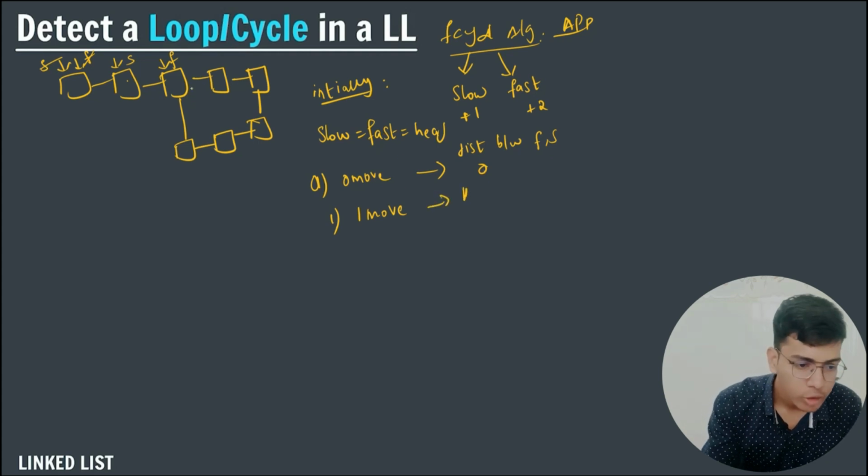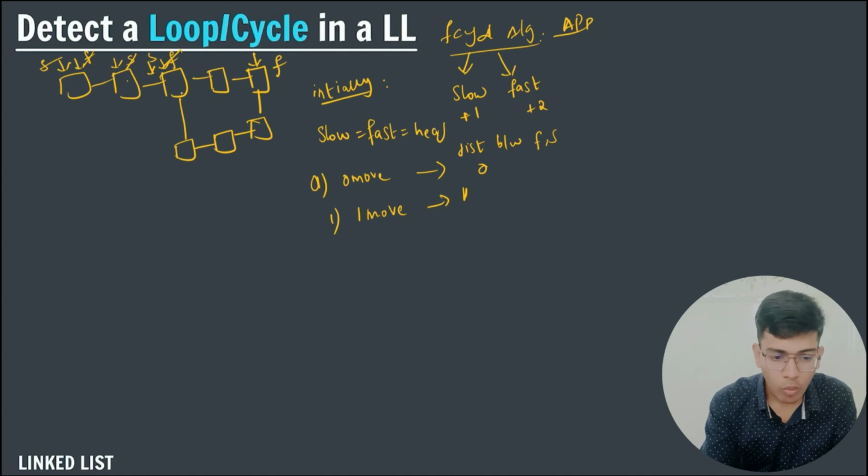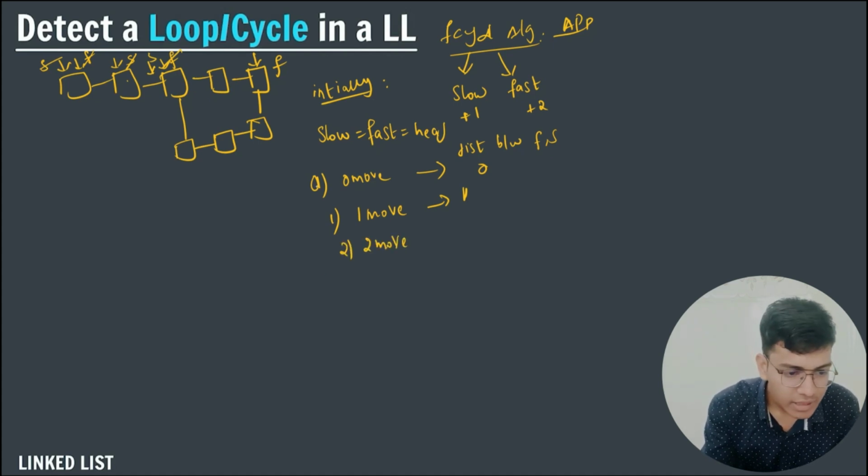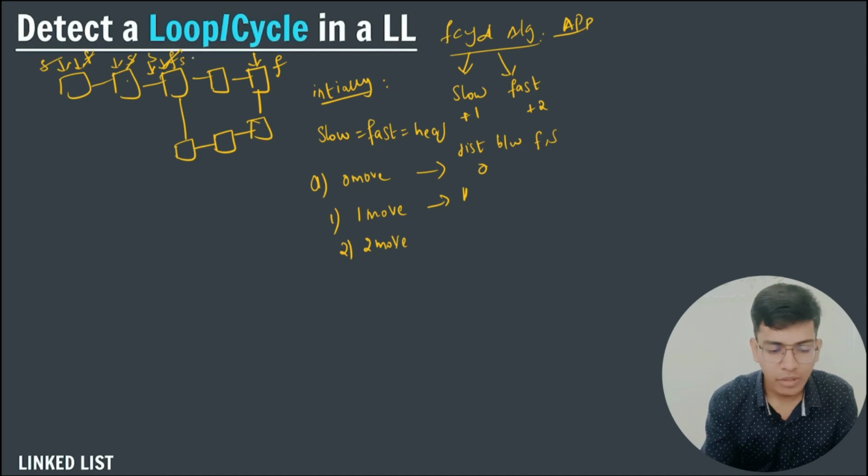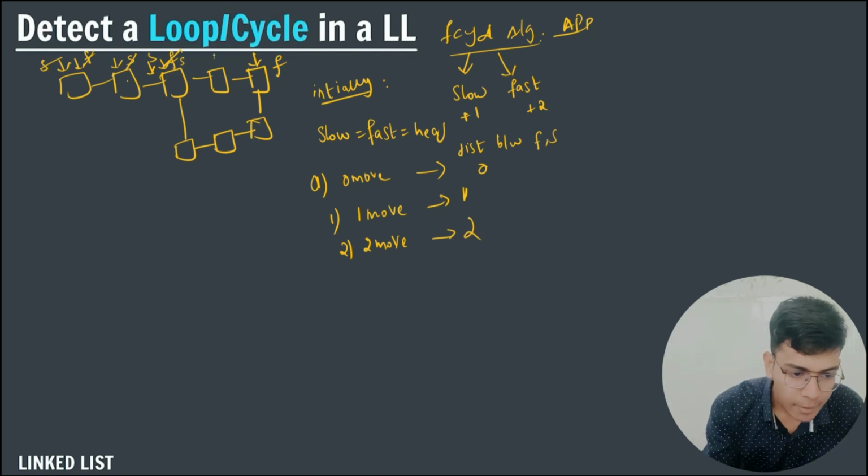After that, the slow will come here and fast will move 2 steps, so fast will come here.